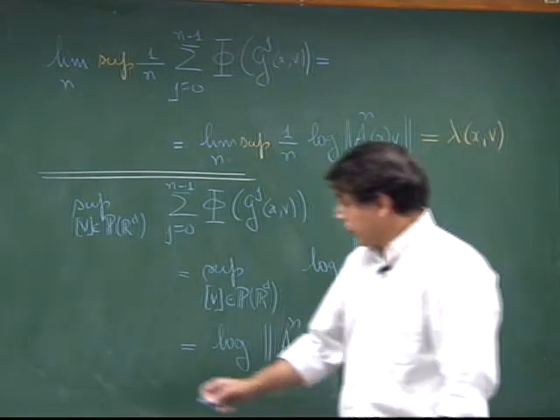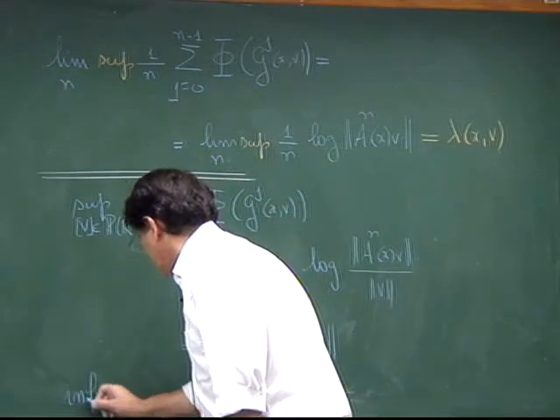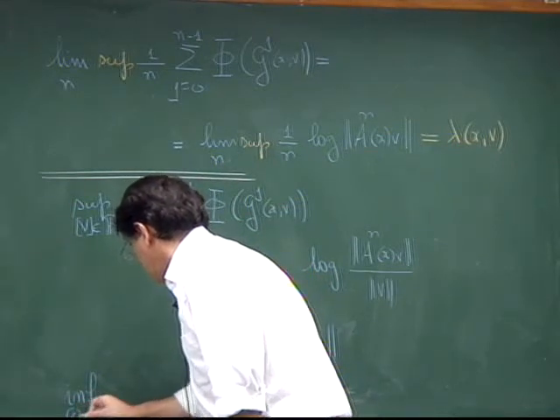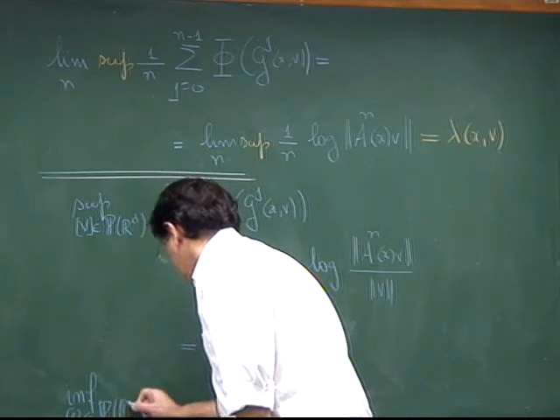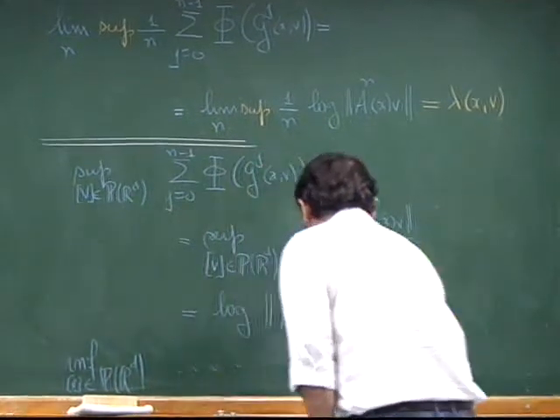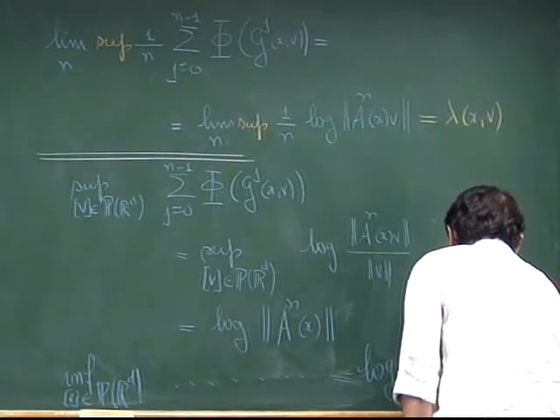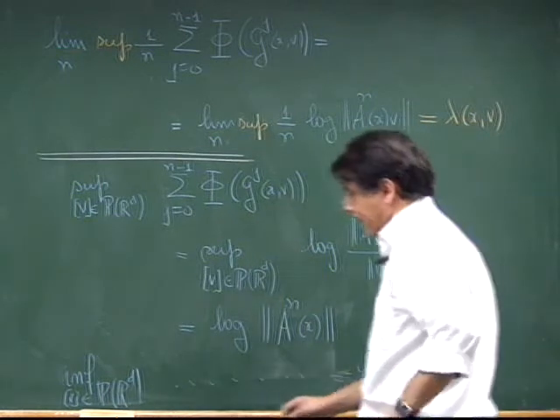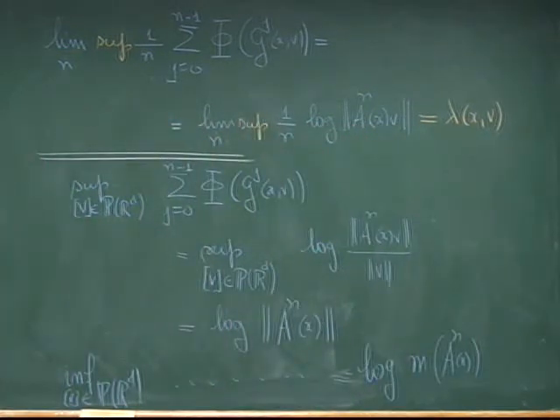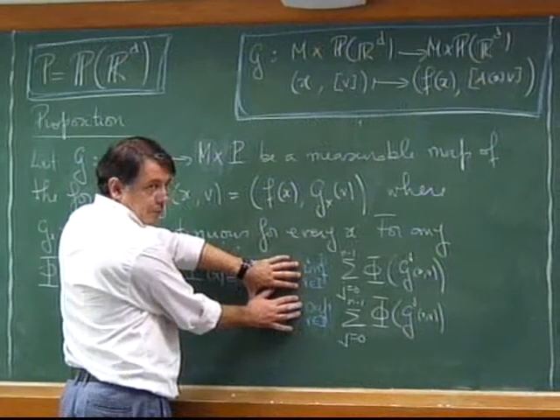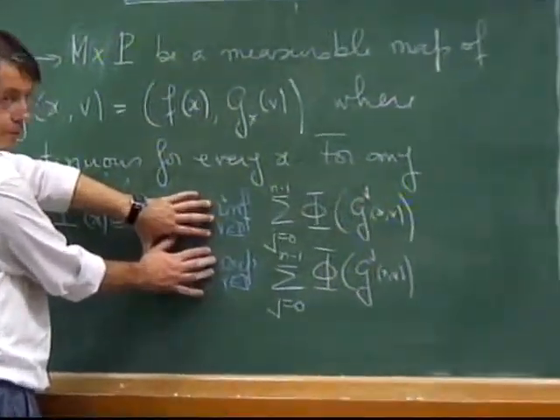By the way, if you take the infimum, for the same reason, then you get the logarithm of the conorm. So you see here and here, what I'm really looking at is the log of the norm and the log of the conorm of the sequence.